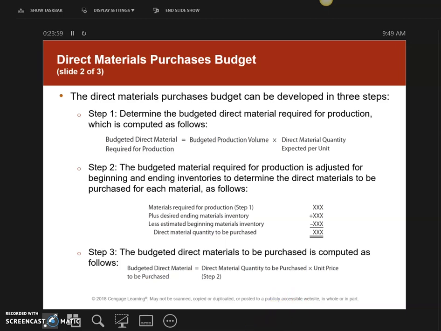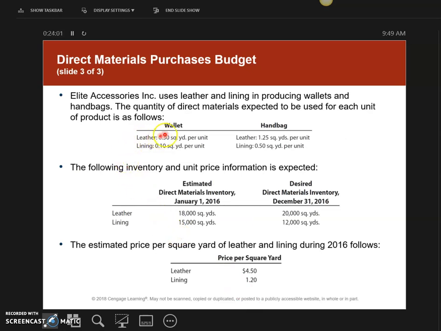So here we go. So the wallet requires leather and lining for both of them. And here's the quantity per wallet. So 0.30 square yards for every wallet for leather. And over here I need 1.25 square yards per unit. And here's the lining I need. So here is my beginning inventory.